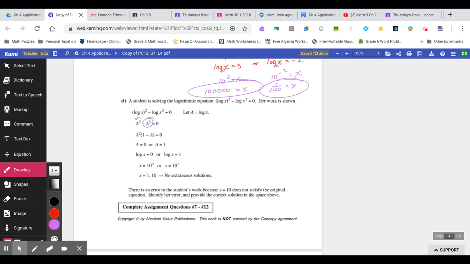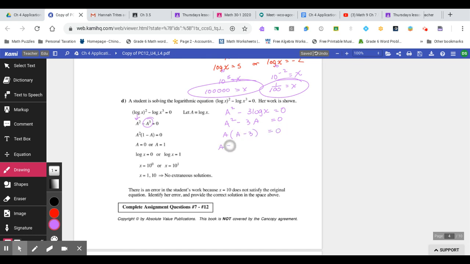Here's what she should have done. You can leave this as A squared if you want to, but this should be 3 log x. Bring the 3 down in front, and now you can replace log x with A. That is what she should have done. See the difference? And now you can factor out an A if you want to.